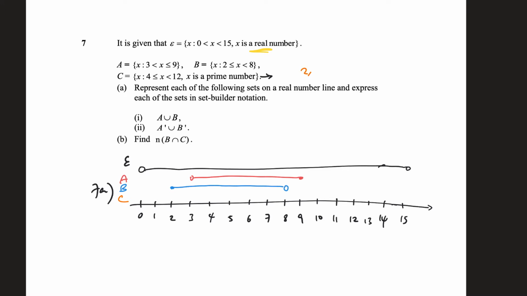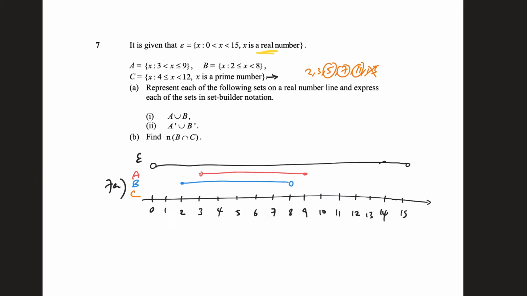I'm just going to write down the prime numbers that I know in general: 7, 11, 13. And it has to be strictly less than 12, so 13 is out. 11 is strictly less than 12, and it's greater than 4. 7 is fine, 5 is fine. 3 is less than 4, but you need to be greater than or equal to 4. So it's only these three numbers, 5, 7, and 11.